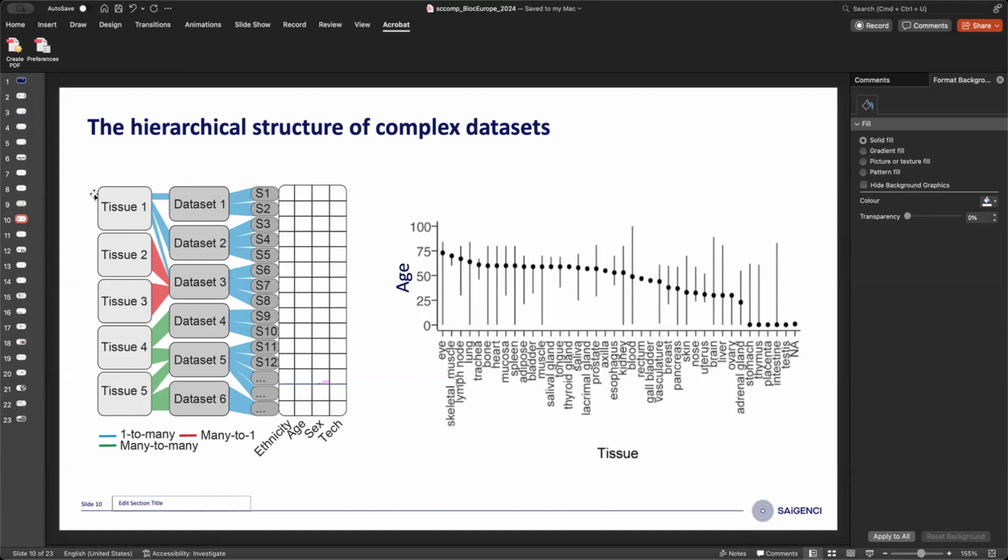Then you have many tissues, and each of those tissues is contributed by many studies, and each study is contributed by many samples. So you have a hierarchy here that you would like a model to be able to accommodate. This is not only an opportunity to get almost a foundational model of something across the body, but is also needed from a statistical point of view. For example, this data has not been put together with a specific design in mind.